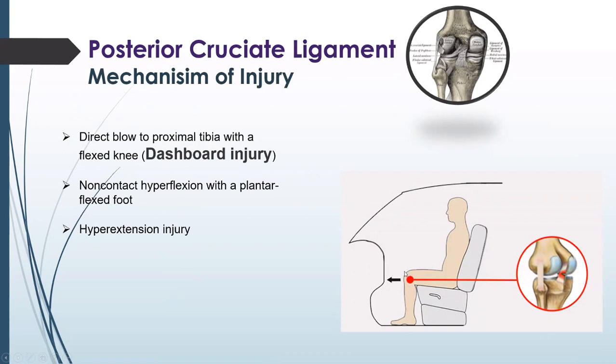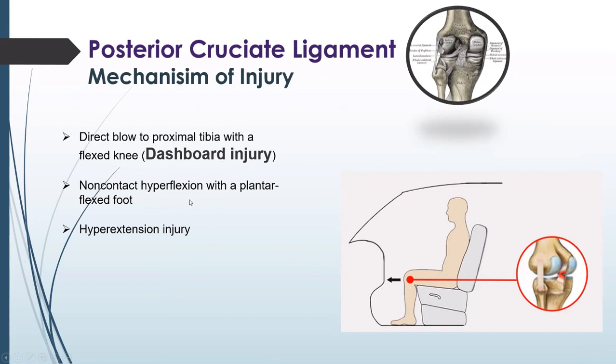This can cause a patellar fracture, a femur fracture, a hip dislocation, a tibial plateau fracture. It also can cause a PCL tear or PCL injury. This is the most common mechanism of injury.